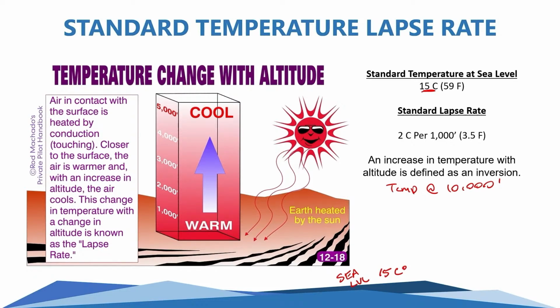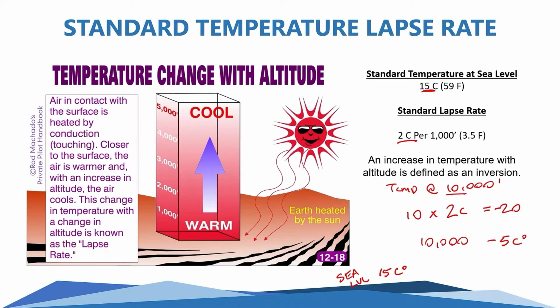So I figure out how many 1,000 feet we're going up, and in this case, it's 10 of those. If I take 10 and multiply that by 2 degrees, that means it should theoretically be 20 degrees colder than it is at sea level. So the temperature at 10,000 feet should be roughly -5 degrees Celsius.